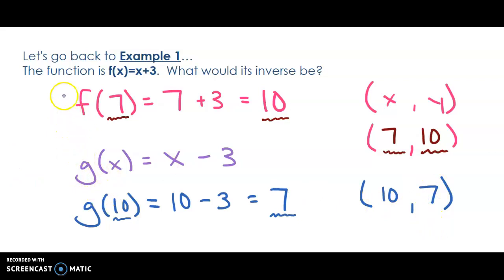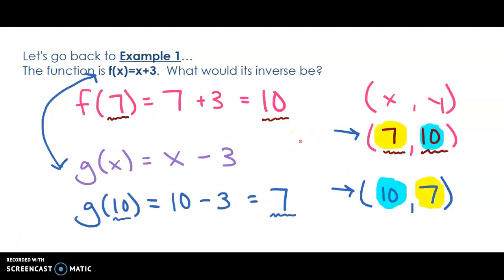I am telling you that g of x, this function, we just said it is the inverse of f of x. What do you notice about a point that is on an original function compared to a point that is on our inverse? That's right, my x's and my y's flipped, right? For my original function, f of x, 7 was an x value that I was plugging in as an input.